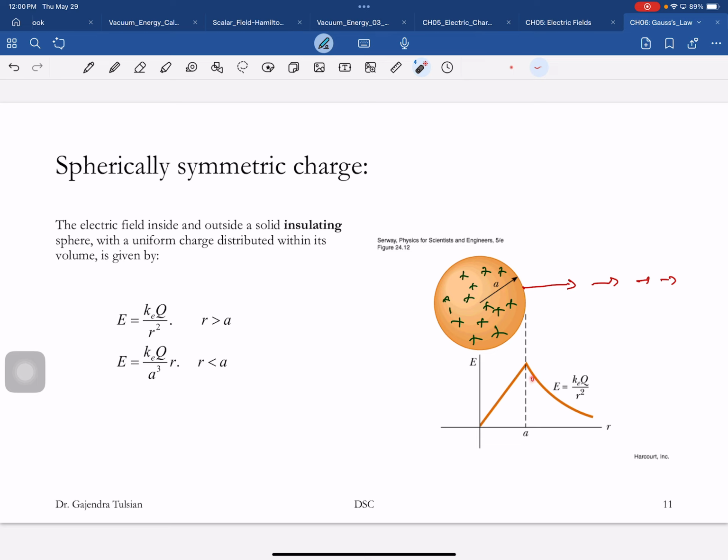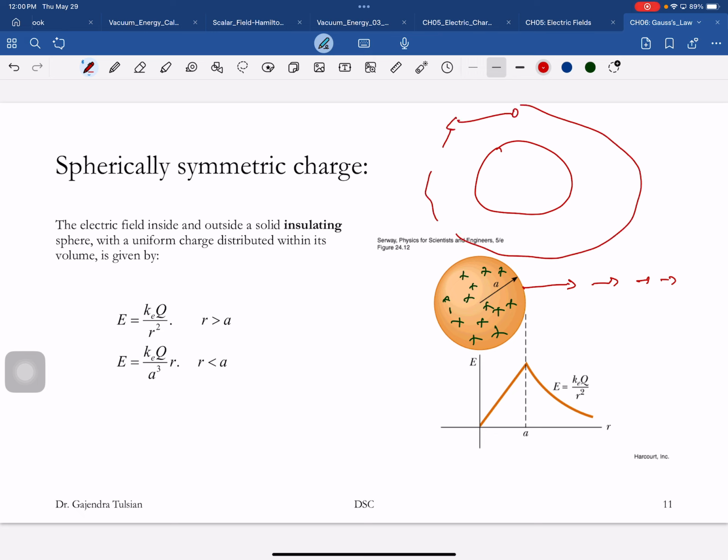So here's another neat fact. Once you're outside the sphere, the electric field here is as if this was a point charge. Okay? And you've seen this again before. So here's the Earth, and if you're in the International Space Station, you're going around the Earth like that.